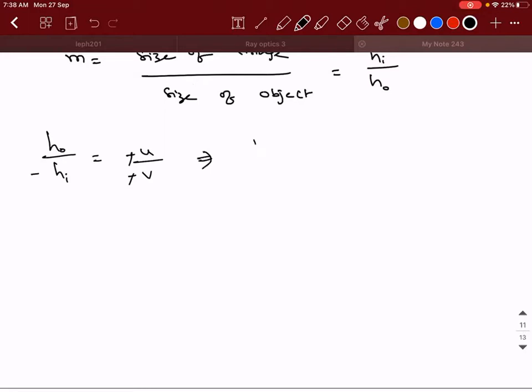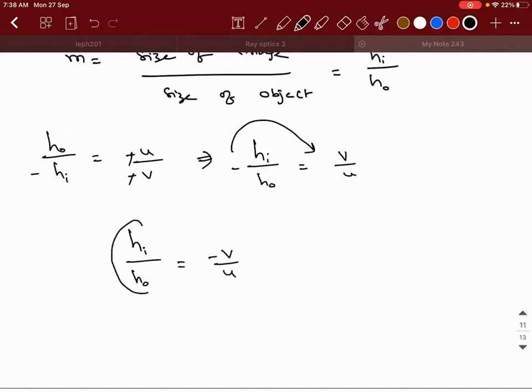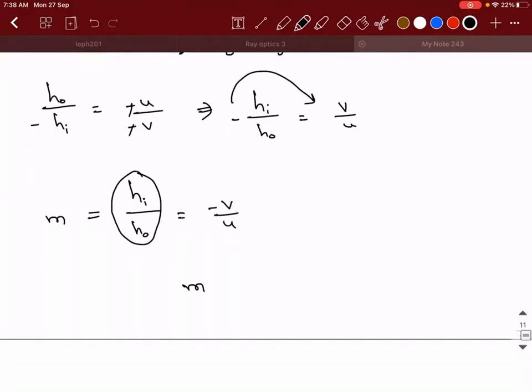Which implies Hi divided by Ho is equal to v divided by u with the minus sign. If I push this minus sign to the other side, Hi divided by Ho is equal to minus v by u. But what is Hi divided by Ho called? Is this not the magnification? So the magnification formula for a mirror is minus v divided by u.